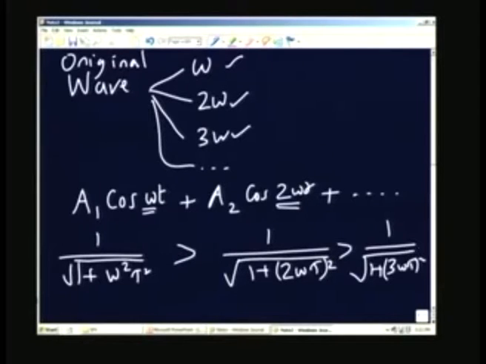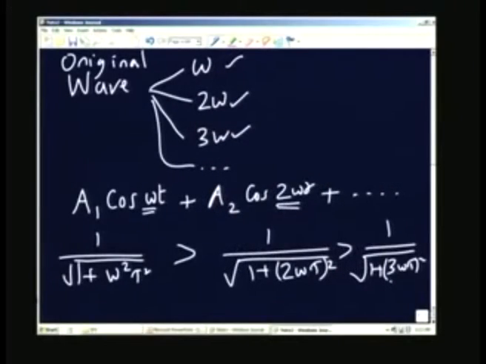That means that the different components of the wave which are present in the original wave are going to be attenuated, or the amplitude reduced, by different amounts. This is smaller, this is less attenuated, this one is more attenuated and so on, and therefore, we will get a change in the shape of the wave, that is number 1.